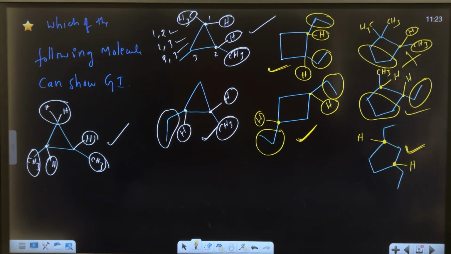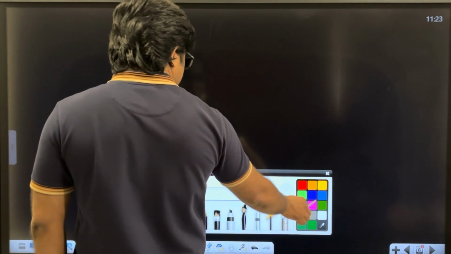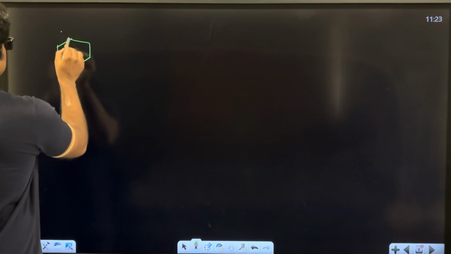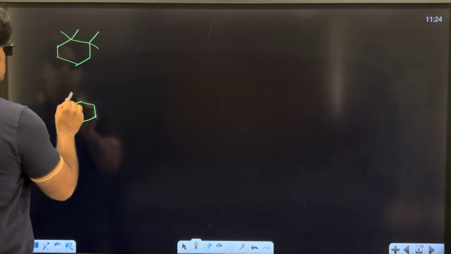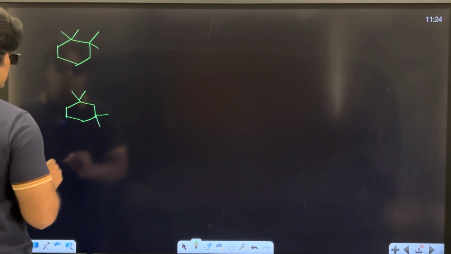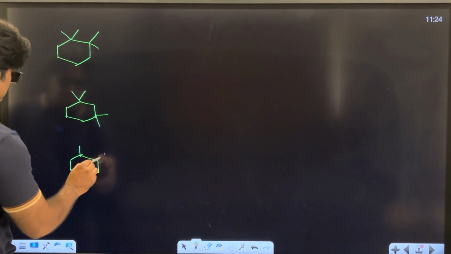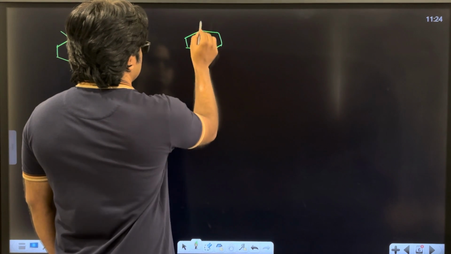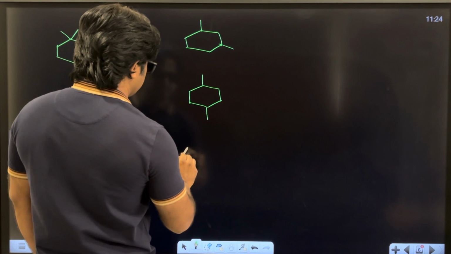Yes. Come to the next example using a 6-member ring system. Just identify whether geometrical isomerism is possible or not. 1,3 position, 1,4 position.